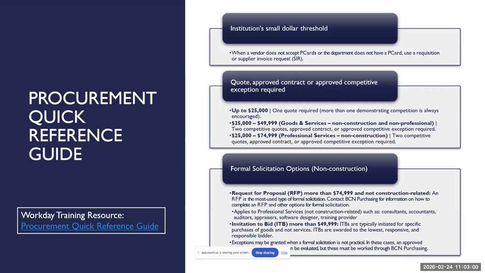For any non-construction professional services, that last line there between 25,000 and 74,999, the same threshold applies. So, let's see, one of the examples we've given before: non-professional goods and services between 25,000 and 499,999 would be, let's say, janitorial services. So it's good to have the two quotes on that.